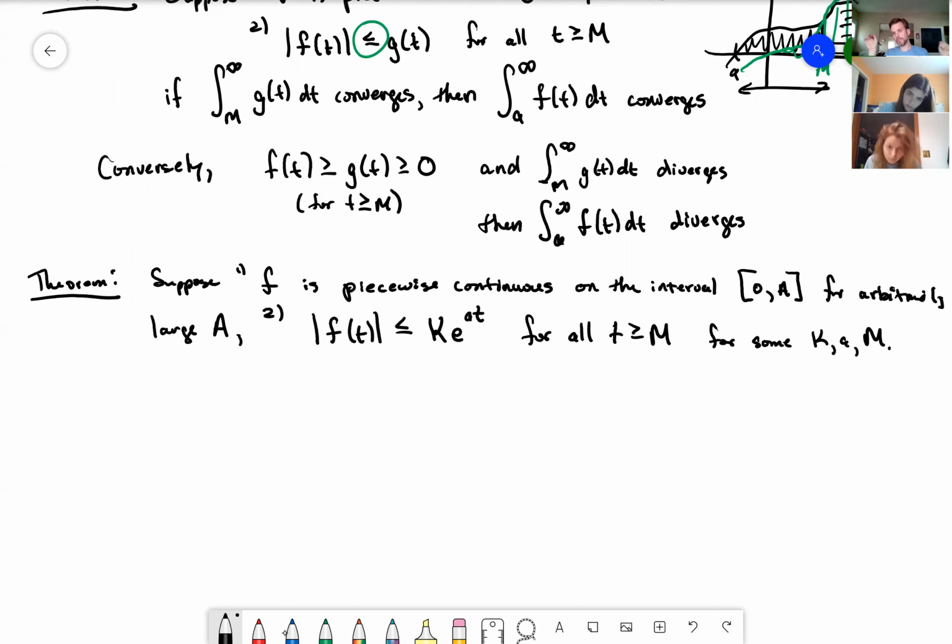So if we can pick an exponential with some rate of growth and some constant multiplied by it, and we can bound our function f by that function.